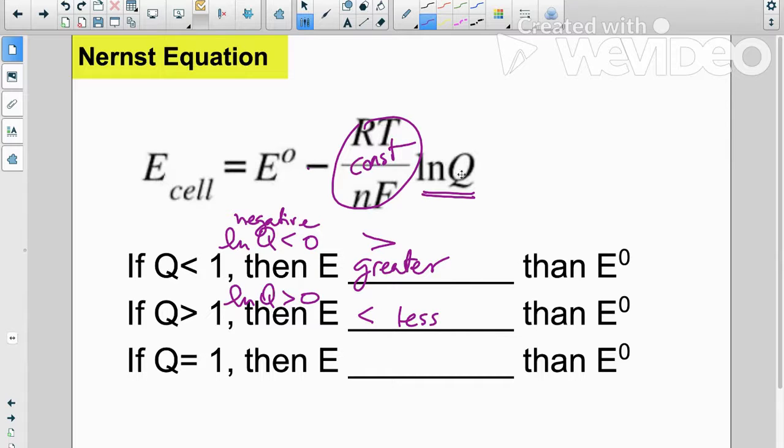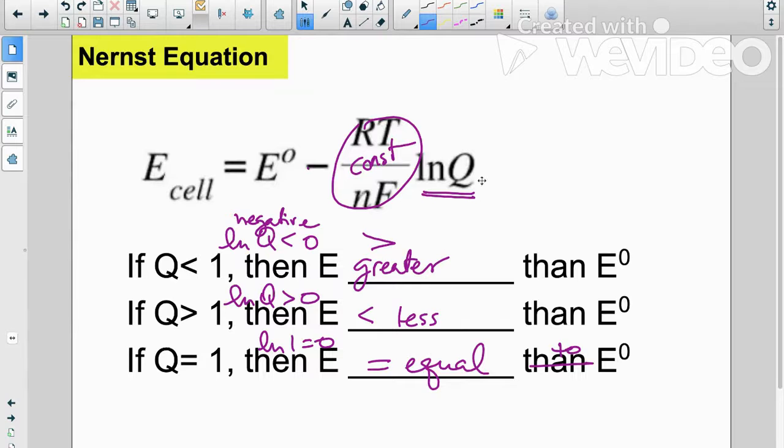And if Q equals 1, well, the natural log of 1 is equal to 0. Then this whole thing disappears, and we just have our actual potential equal to our standard cell potential.